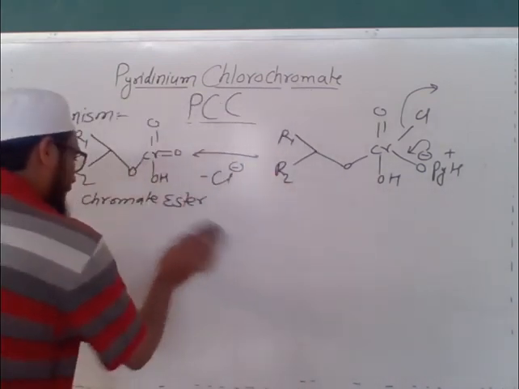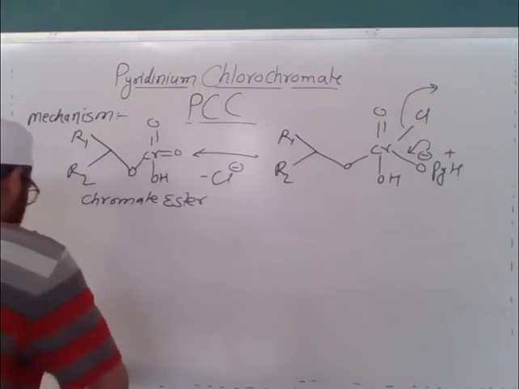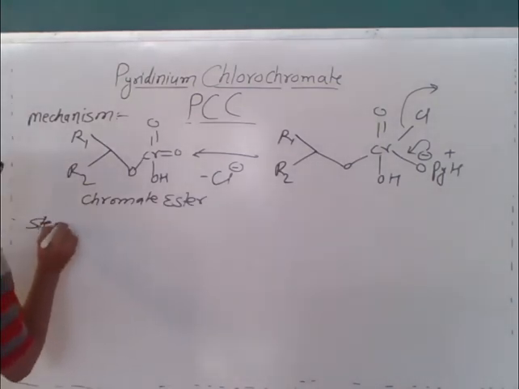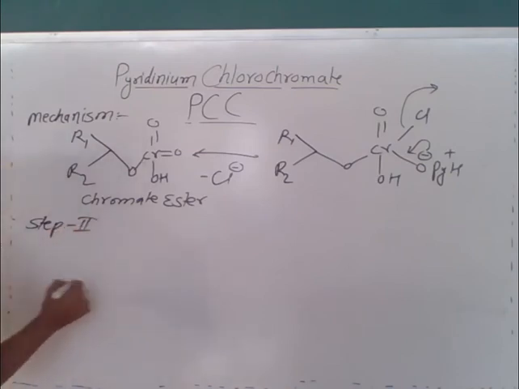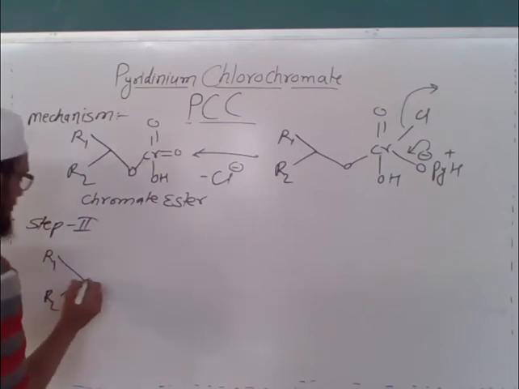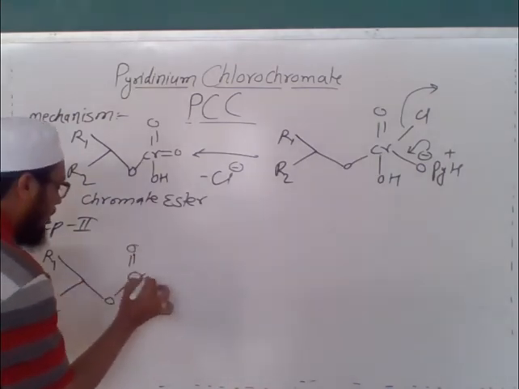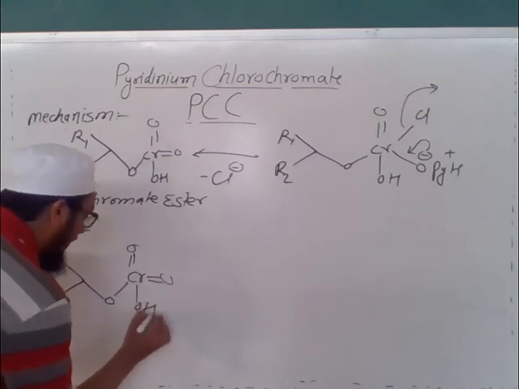Let me write the mechanism for the next step. The next step mechanism we have is step 2. Step 2 is alpha hydrogen elimination. R1, R2, single bond O negative O, single bond chromium, double bond O, single bond OH.